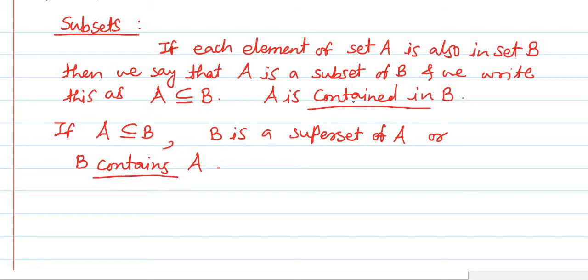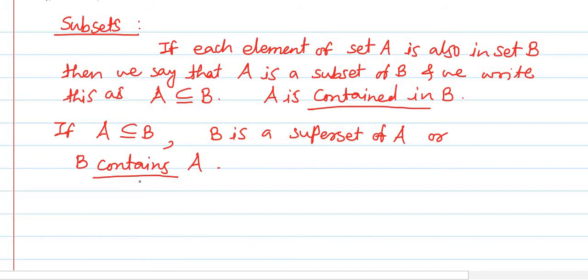Don't confuse between these two words. If A is contained in B, then it means that A is a subset of B. And B contains A means B is a superset of A, means A is a subset of B.